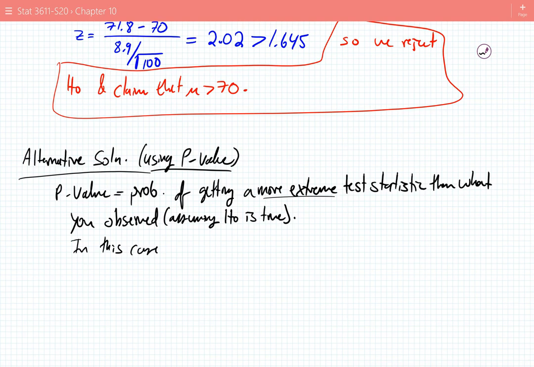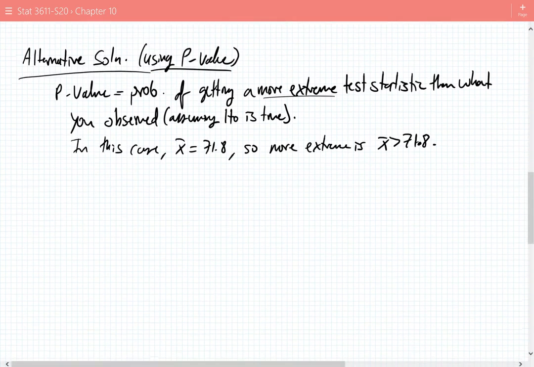In this case, x bar was 71.8, so more extreme is getting an x bar bigger than 71.8. Okay? And what could we use this probability for?